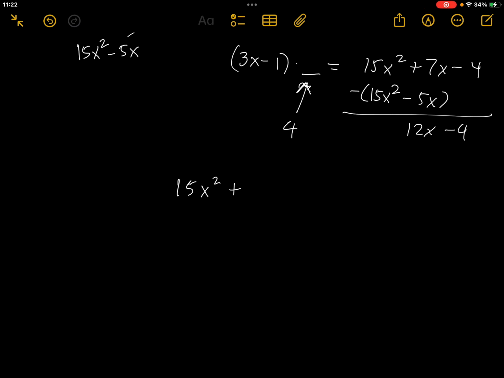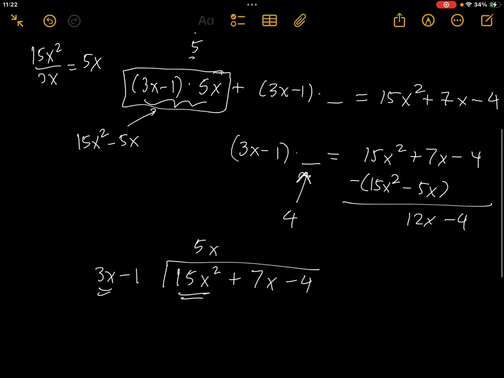Take the polynomial 15x squared plus 7x minus 4. We're dividing that by 3x minus 1. Now remember how we found the 5? We thought about what do you have to multiply 3x by to get 15x squared? Well, it was 5x.